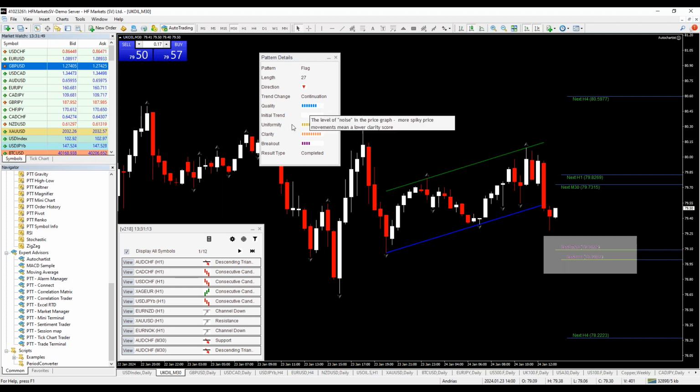According to this pattern and this signal, Autochartist has spotted the breakout of the flag and gave this area as the next level that the oil could breach. However, the breakout was a bit weak. The breakout quality was a bit weak.